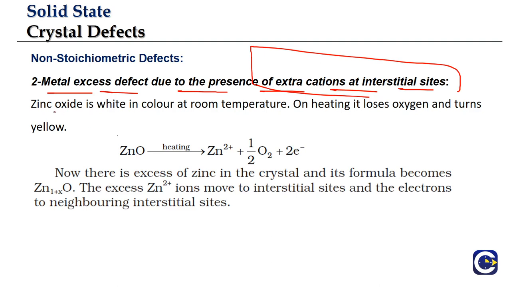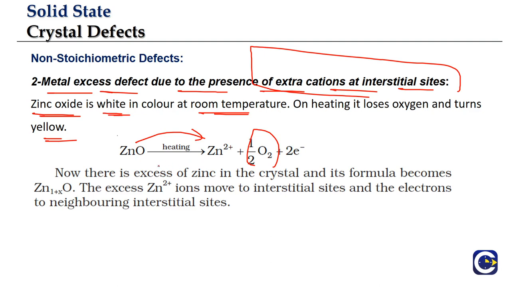And if you look at zinc oxide, when we heat zinc oxide, it will be losing oxygen gas, and as a result we observe that it turns yellow. What is white at room temperature, when we heat it, turns into what? Yellow color.